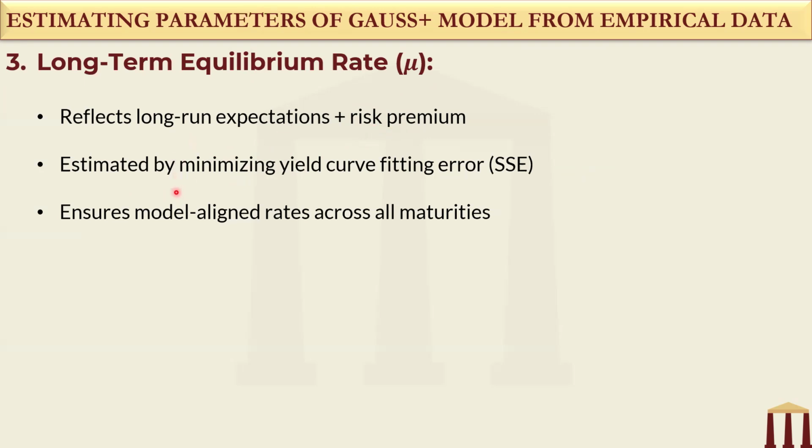We compare the model's predicted yields to actual market yields across a wide range of maturities, and then we adjust the value of mu until the SSE, now if you remember from part one, the sum of squared errors between the observed yields and the model implied yields across all maturities, is minimized. So again over here also we minimize SSE, which ensures that the model's yield curve will align as closely as possible with the real world data across all maturities.